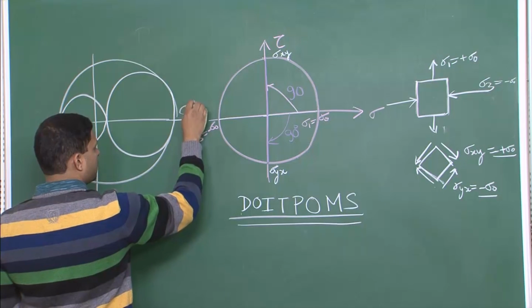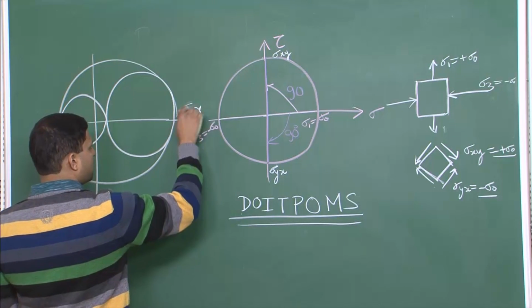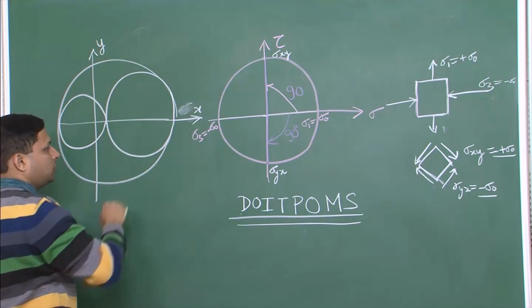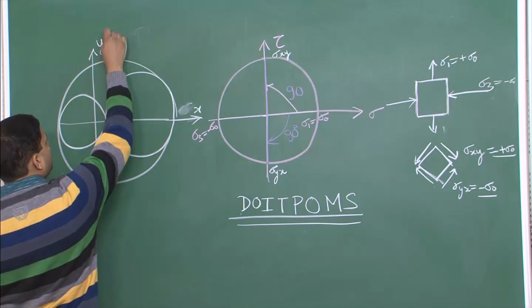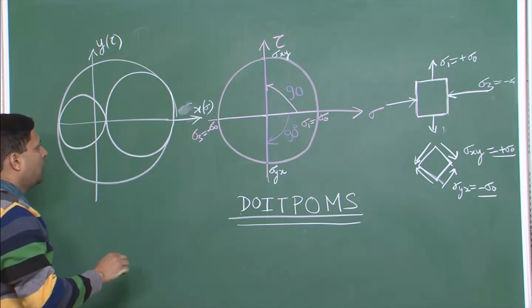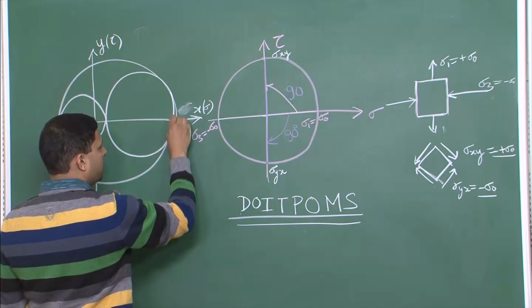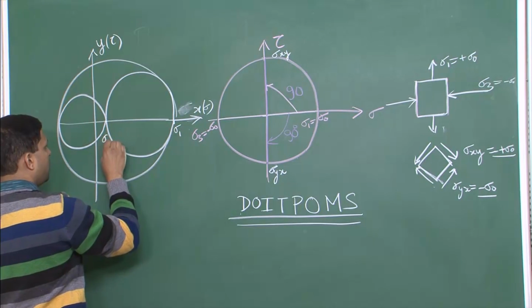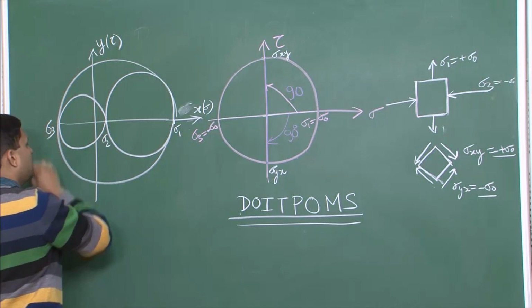So, the x axis still represents normal stresses, the y axis still represents your shear stresses, and over here this will represent your sigma 1, sigma 2, sigma 3.